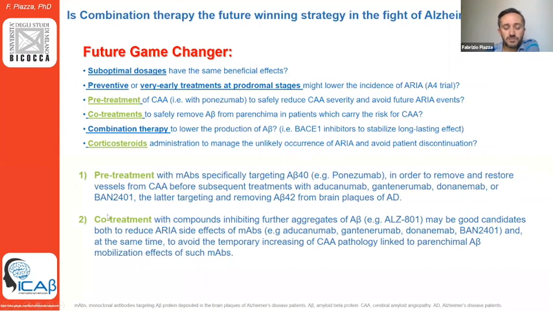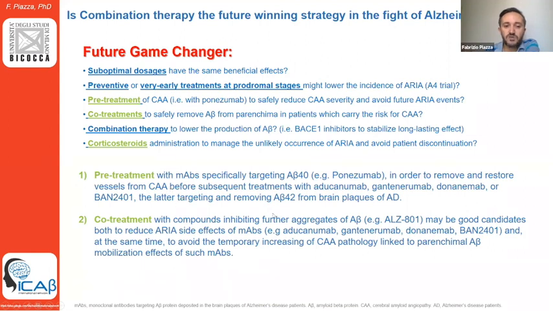Or we also have to investigate the potential use of co-treatments, because we know that these drugs remove beta amyloid, but we don't know yet what is going on with this beta amyloid. It may be that by removing the fibrillary deposited form, we are releasing more toxic soluble species.